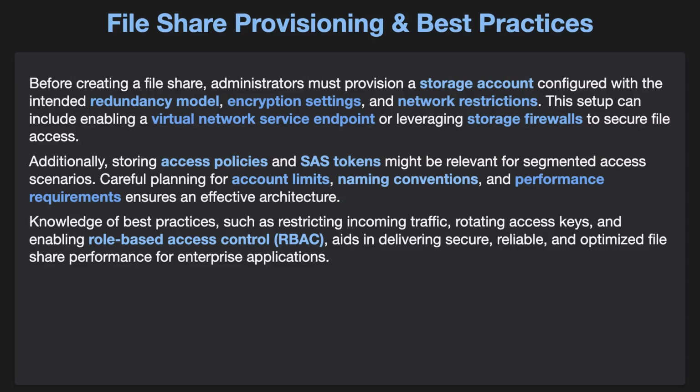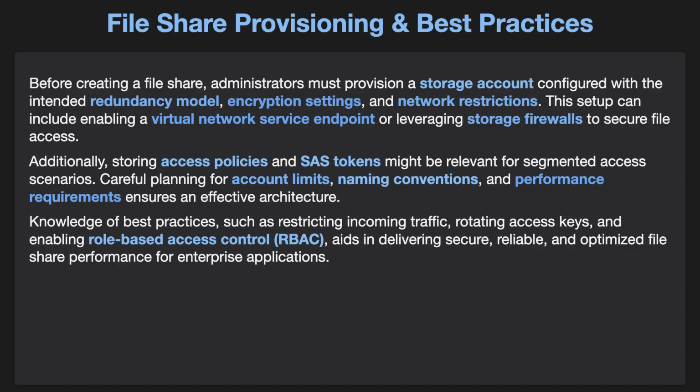Before creating a file share, administrators must provision a storage account configured with the intended redundancy model, encryption settings, and network restrictions. This setup can include enabling a virtual network service endpoint or leveraging storage firewalls to secure file access. Additionally, storing access policies and SAS tokens might be relevant for segmented access scenarios.